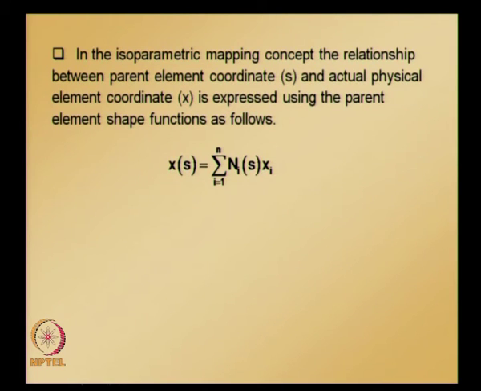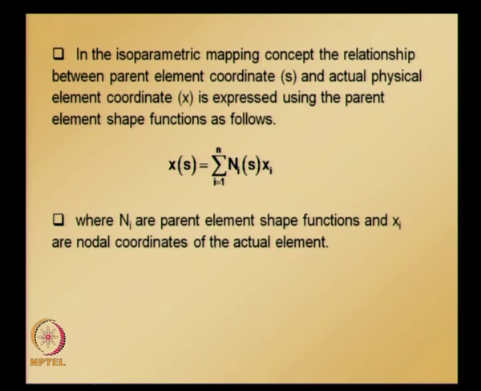This formula is applicable for any order element, where i takes values over the number of nodes, Ni are the parent element shape functions, and xi are the nodal coordinates of the actual element.